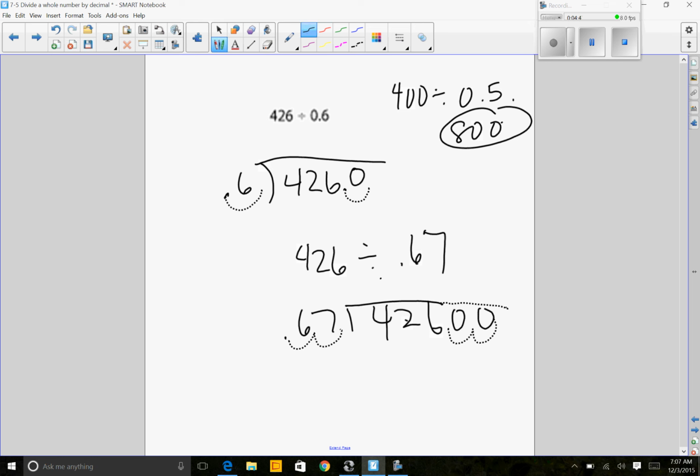I'd have to add 2 zeros there. So whatever factor of 10 you multiply this by, you multiply the other by the same thing. In this case, I multiplied it by 10. In this case, I multiplied it by 100. If this were a 3-digit decimal, I had to move this over 3 places, I'd move this one over 3 places. That's how you do it. It's just this extra little step so that you're not dividing by a decimal.